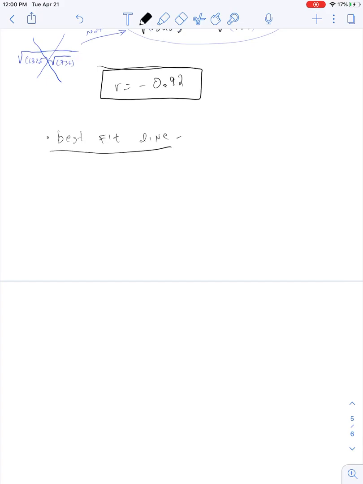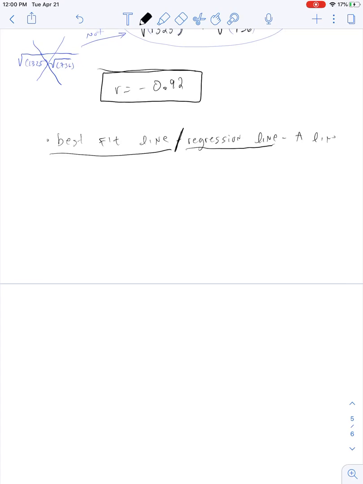All right, we should be able to find a best fit line, also referred to as a regression line. And this is just a line that, just like it says, best fits the data.